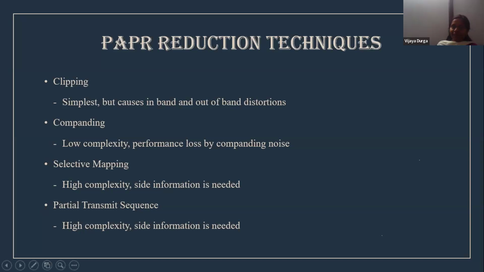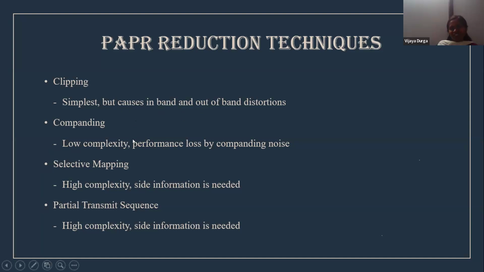Clipping is nothing but clipping the information. If the peaks are very high, you need to clip those levels. If you clip the signal, there is definitely information loss. So you can put a clipping threshold level. If you take a trade-off value between PAPR and BER, it can give a lower PAPR and better BER also. But it causes in-band and out-of-band distortions.